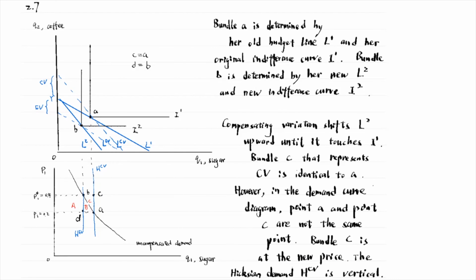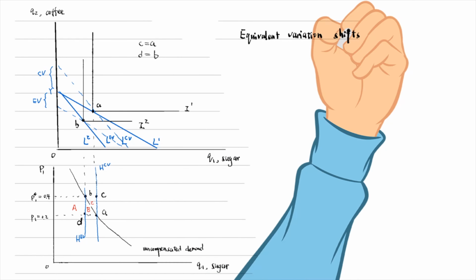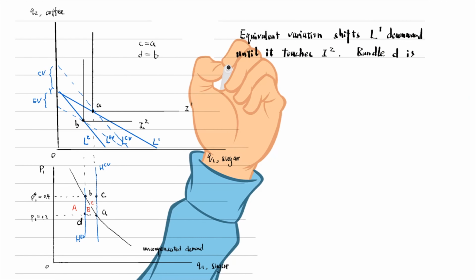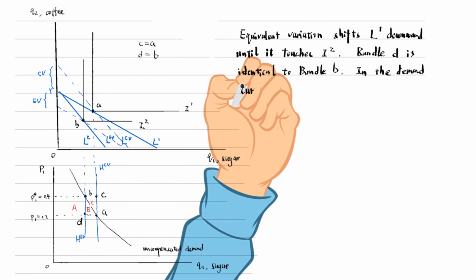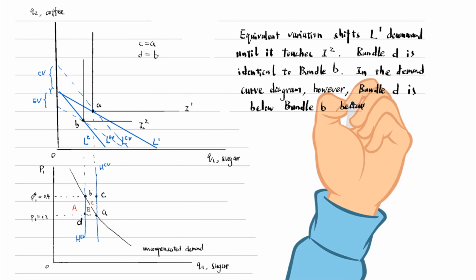On the other hand, the equivalent variation is the amount of money that should be taken away from the consumer to make her as bad off as on the indifference curve I2. It shifts the old budget line L1 downward until it touches I2. Bundle D, the bundle that usually represents the equivalent variation, is identical to bundle B. In the demand curve diagram, however, bundle D is below bundle B because the former is at the old price.